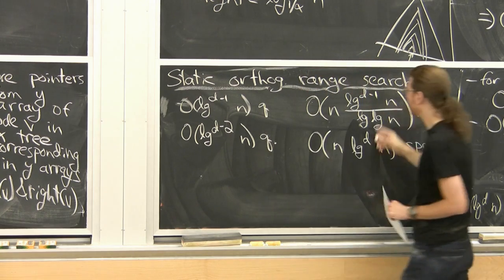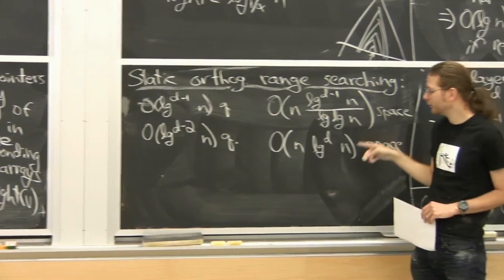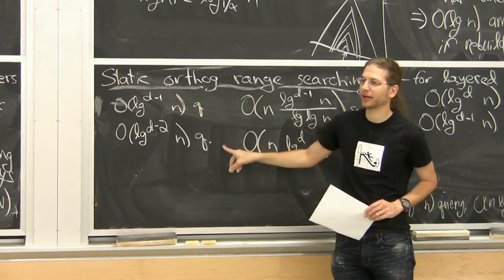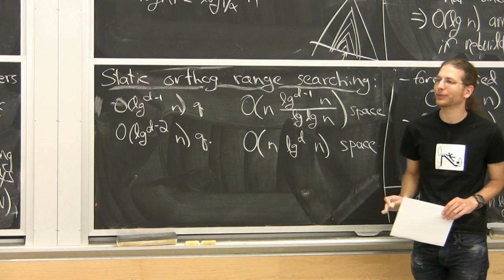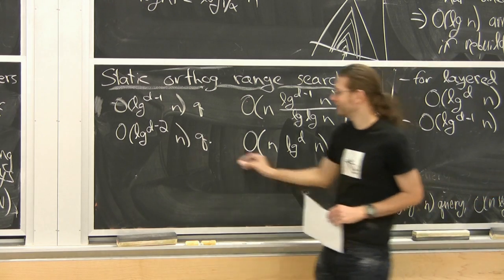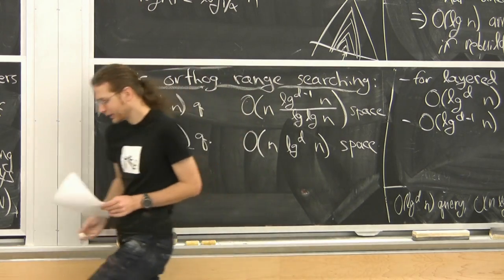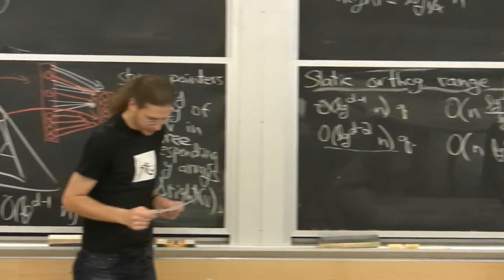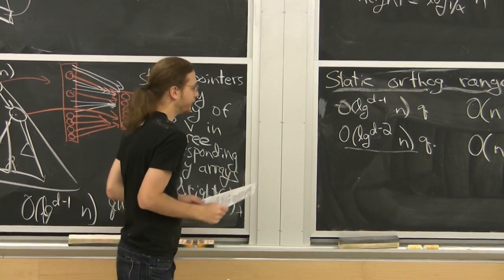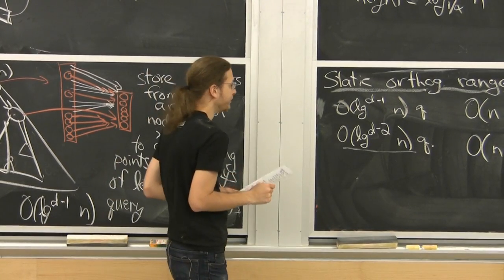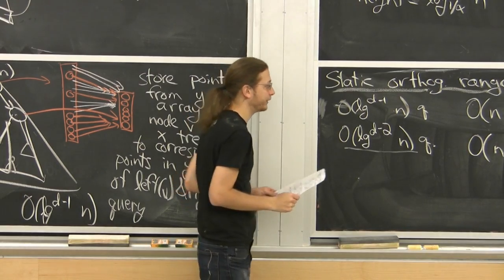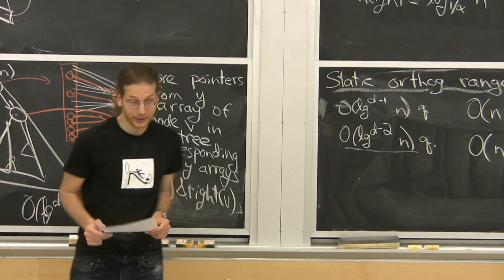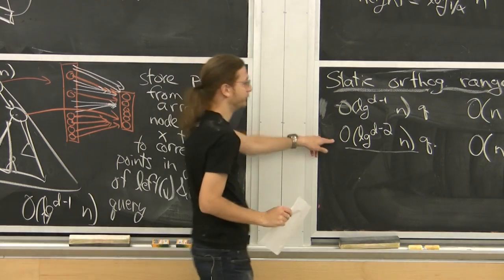So if I give up another log factor in space, I can get another log factor in query. I don't think you can keep doing that, but for one more step you can. And I believe this is conjectured optimal for query. Don't know if it's proved. And this was originally done by Chazelle and Guibas using fractional cascading. If there's time next class, I'll show you how this works.